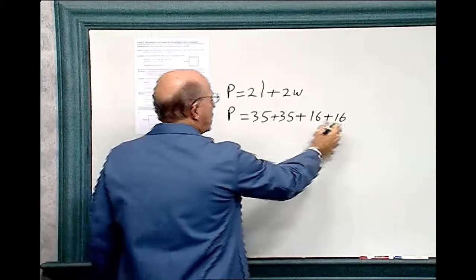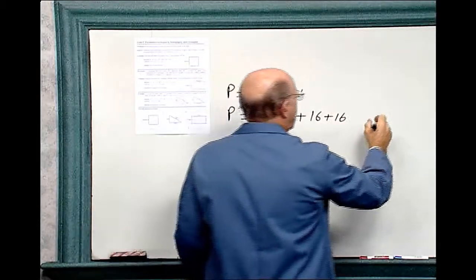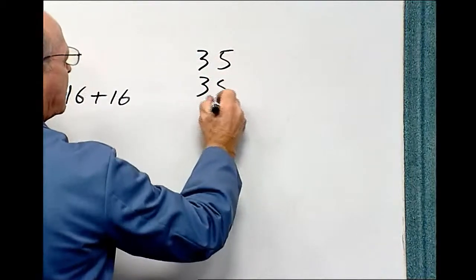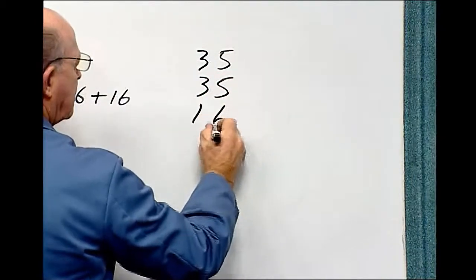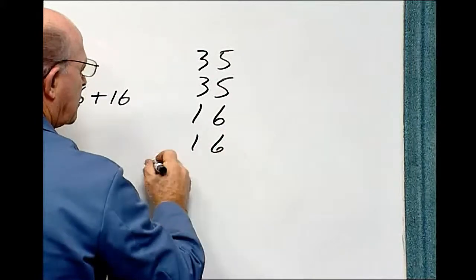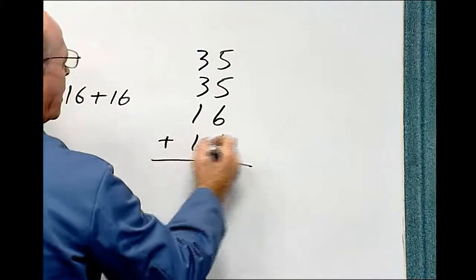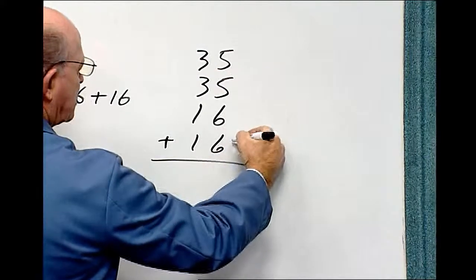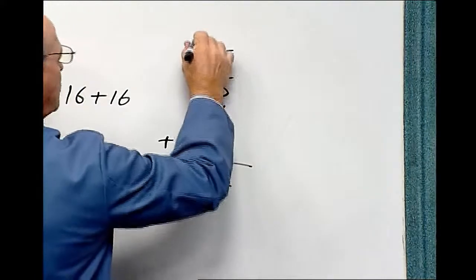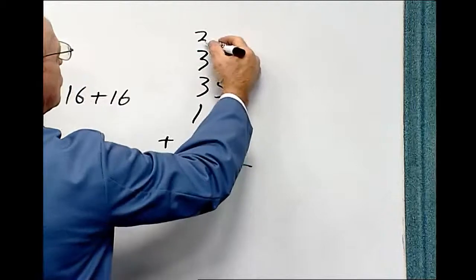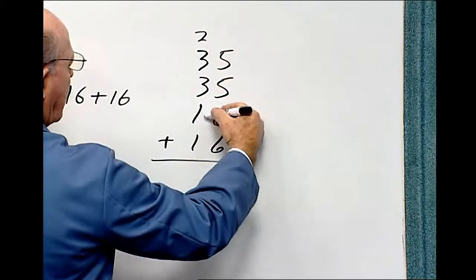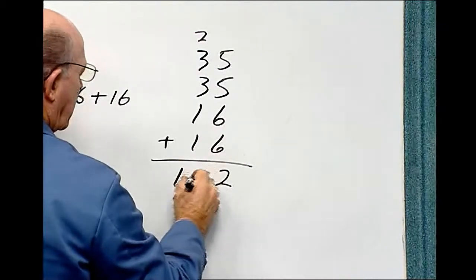So let's put these numbers vertically so we can add them together. 35 plus 35 plus 16 plus 16. 5 plus 5 is 10, plus 6 is 16, plus 6 is 22. 2 plus 3 is 5, plus 3 is 8, plus 1 is 9, plus 1 is 10.